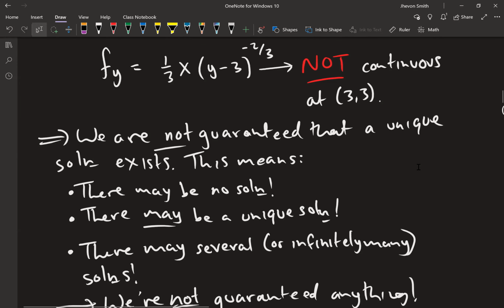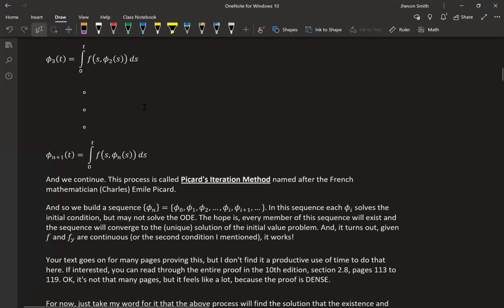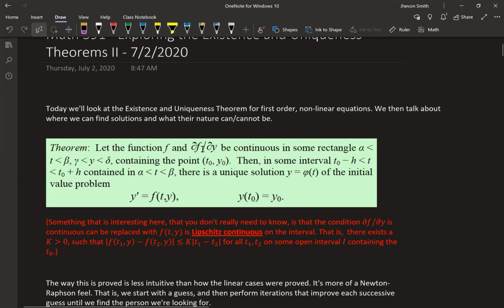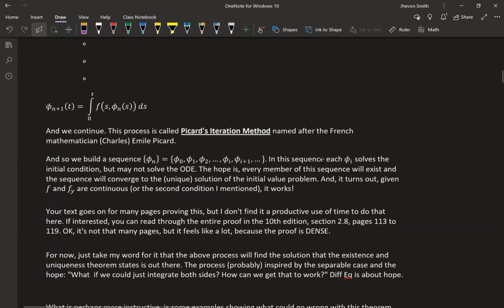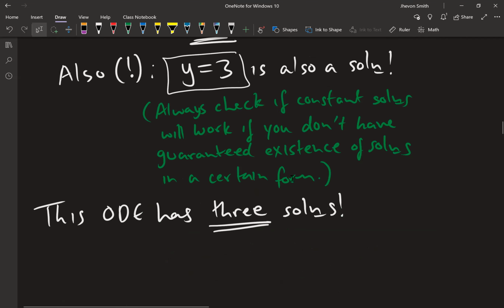So you just kind of go by whatever technique you think you can find. Hopefully you find a solution that will satisfy your needs. Hopefully you can find all solutions, but none of that is guaranteed. Right? And all because we are at a location where our function and the partial derivative with respect to y are not continuous. And when that happens, things like this will happen. You can have a first order ODE with 3 solutions or something random like that.